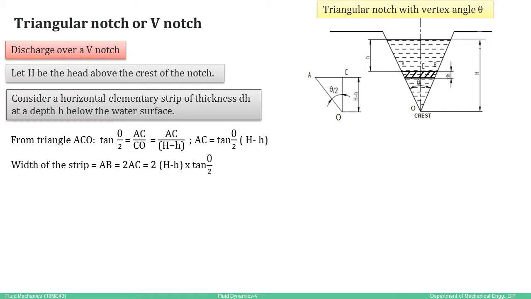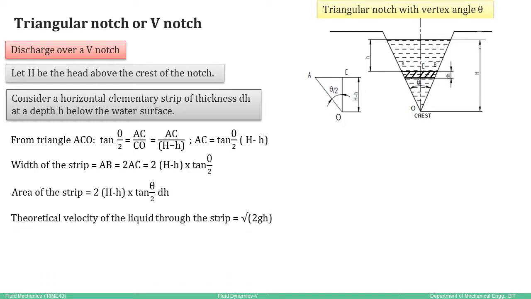The width of the strip is 2 times that AC, so AB is equal to 2 times (H minus h) into tan theta by 2. You know, the area of the strip is the width of the strip multiplied by the thickness. Thickness is dh, so we have 2 (H minus h) tan theta by 2 into dh as the area of the strip.